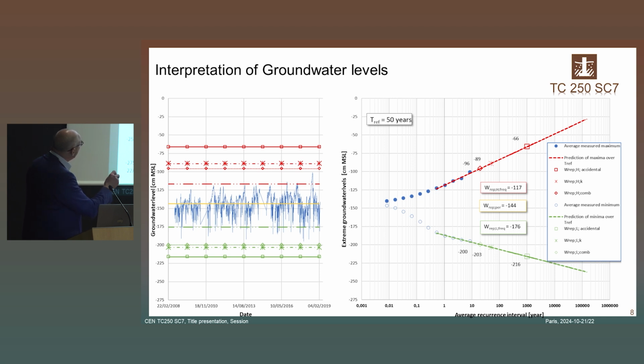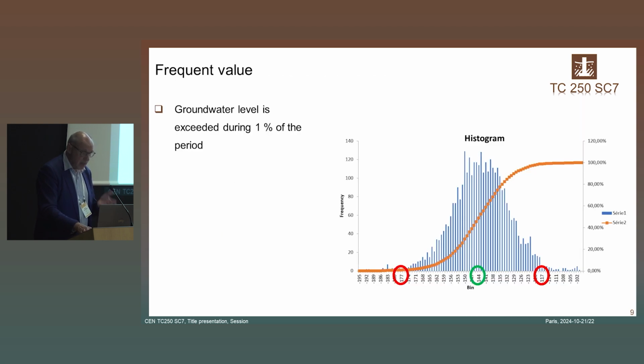You look at all those extreme values, and you can make a kind of distribution, how often they occur during your lifetime, and you get typical graphs like this. These are the various points and the frequency of occurrence. These are of course very frequent, and these are less frequent. And you can even extrapolate when you want a 1 in 50 years value. That would be a way to deal with these values.